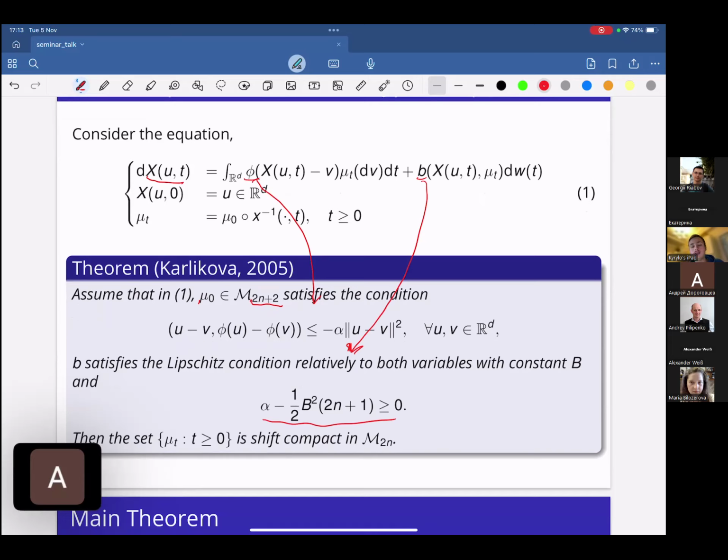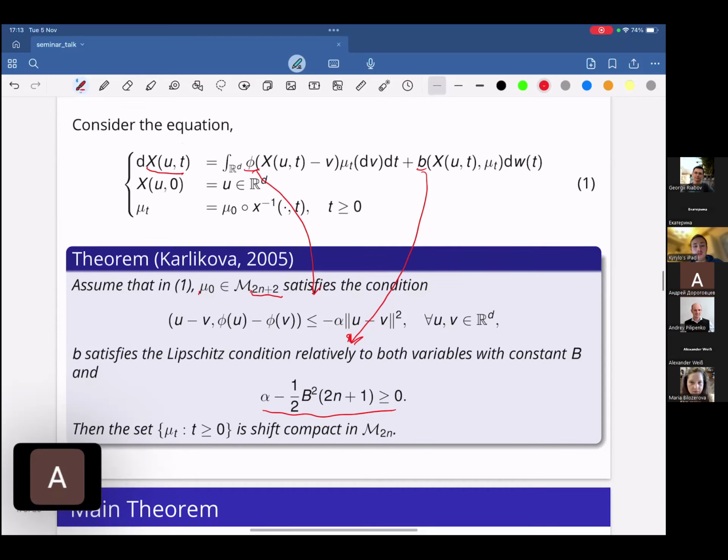In this case we can state that our set of measures is shift compact. Up to this time it was just an introduction to what a stochastic differential equation is, and some techniques for how we can get information about the set of measures.